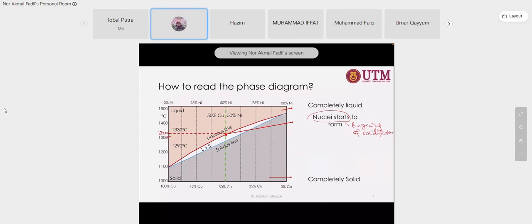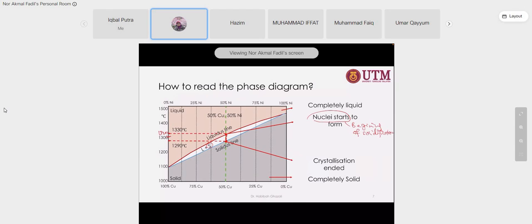And it will start to form solid when the temperature reduces to 1,320, and as it continuously reduces, the portion of solid becomes larger and larger, until it becomes 100% solid.